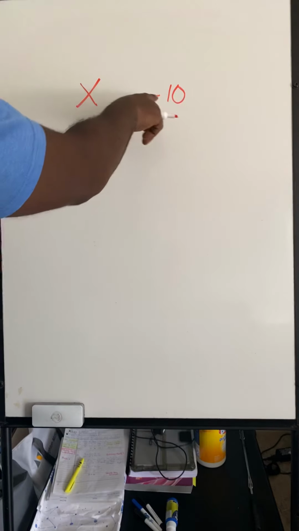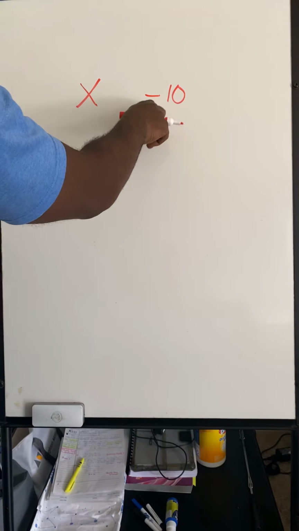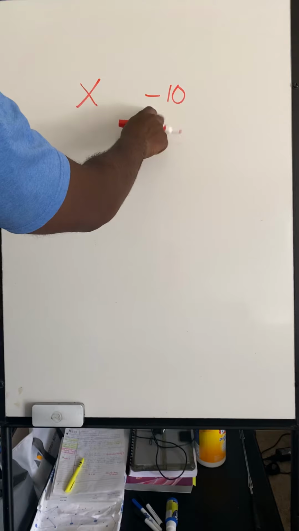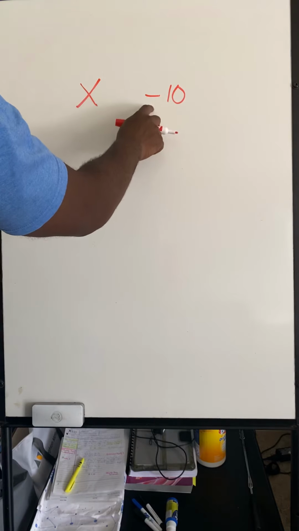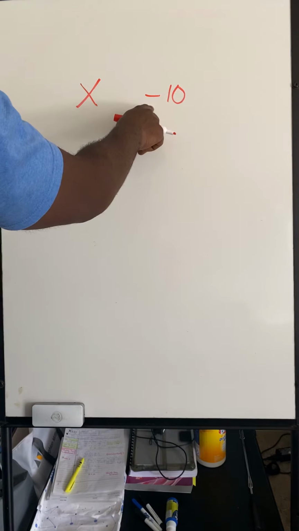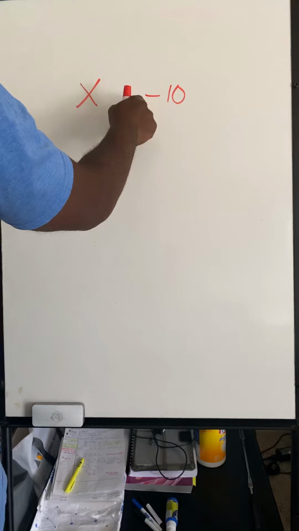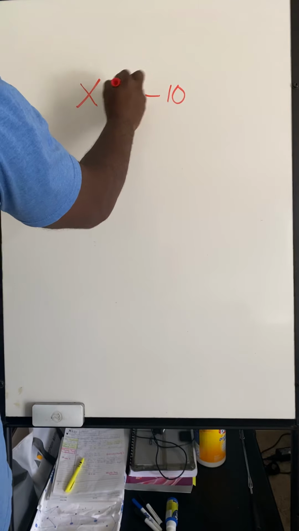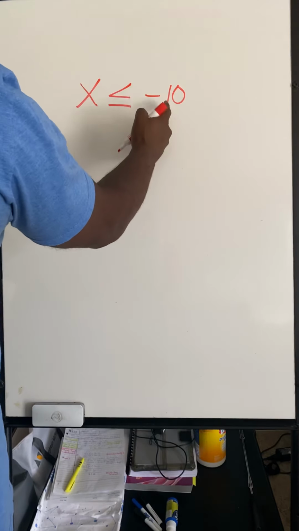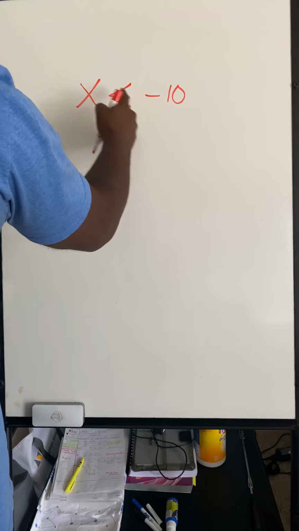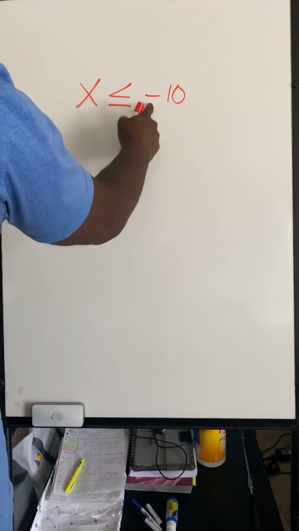Again, read it again. Must be at most negative 10 degrees. So it could be negative 10 degrees or less. Can't be more than that. Okay? So T can be less than or equal to negative 10 degrees.